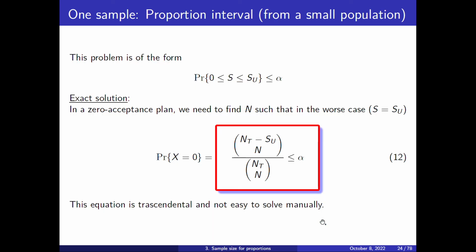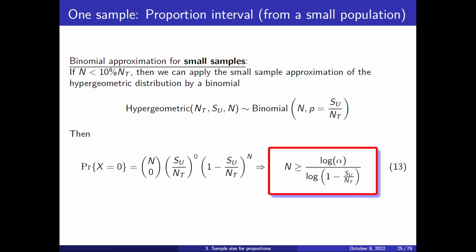Okay, so we want to find N such that this is fulfilled, and again the smaller n is obtained for x equals 0. So we have simply to solve for n here. Again, this is not an easy equation to solve manually, but it can be solved by a computer, and there are approximations.